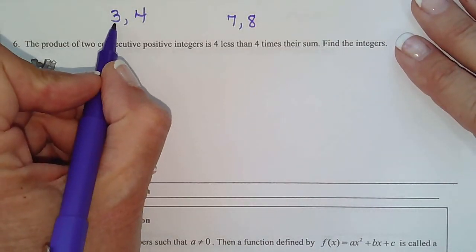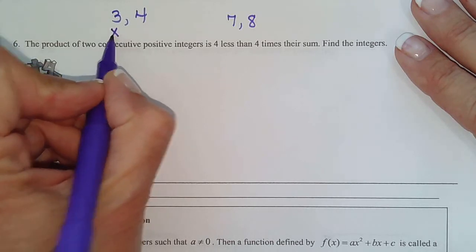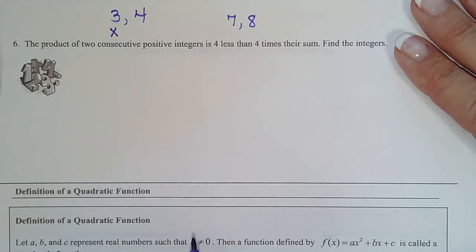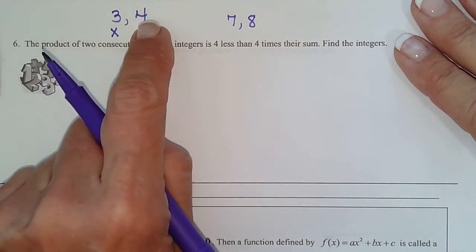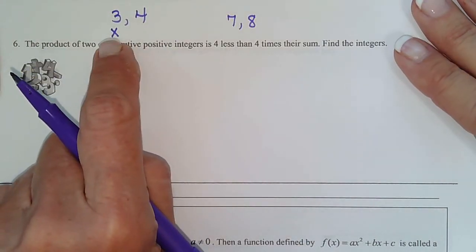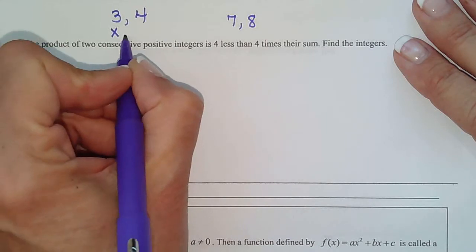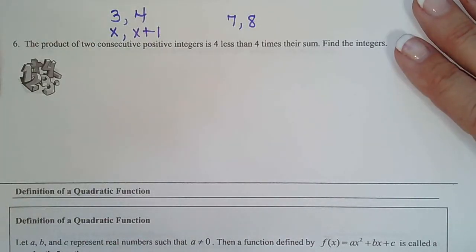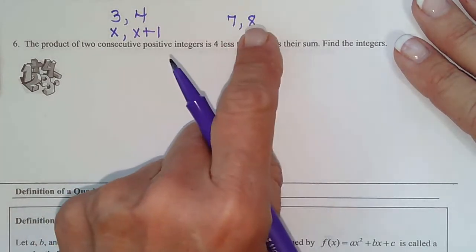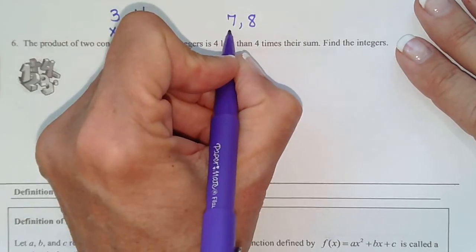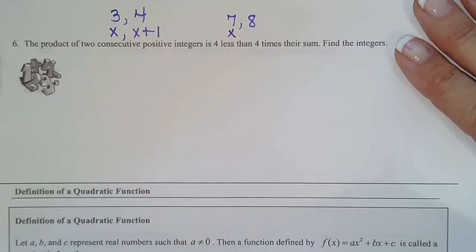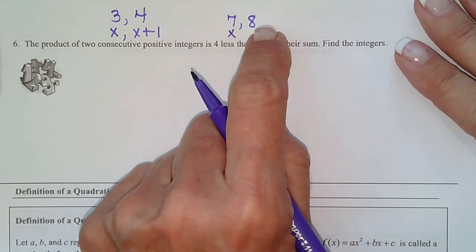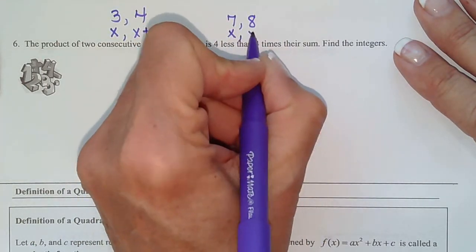Well, what I say is, okay, well, we're going to call the first one x. So what can we call the second one? Well, it's one larger, so how do I write one larger than this? X plus 1. And students go, well, how did I know to pick 3 and 4? Well, guess what? If you would have picked 7 and 8, you get the same thing. Call the first number x. The second number is one larger, so it's still x plus 1.